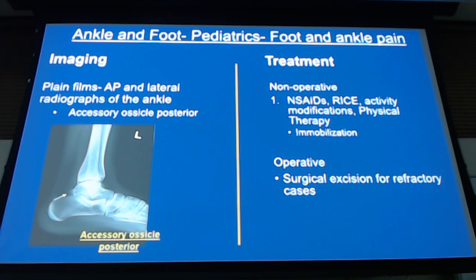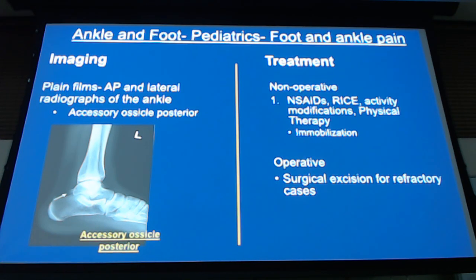Now, if it becomes symptomatic, you've got to do something about it, right? Just like any other orthopedic exam, have the patient walk. Sometimes you can have them do things that will aggravate the symptoms, because that helps narrow down your diagnosis.